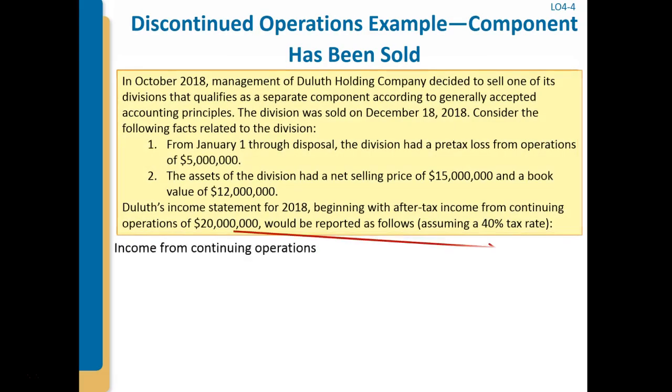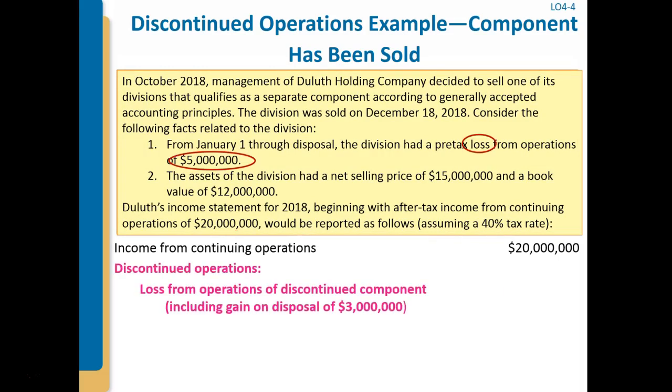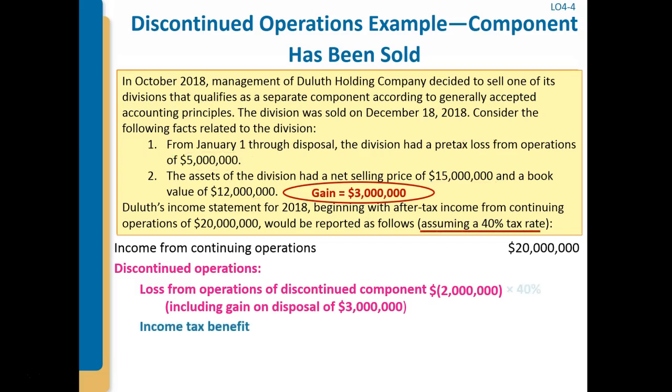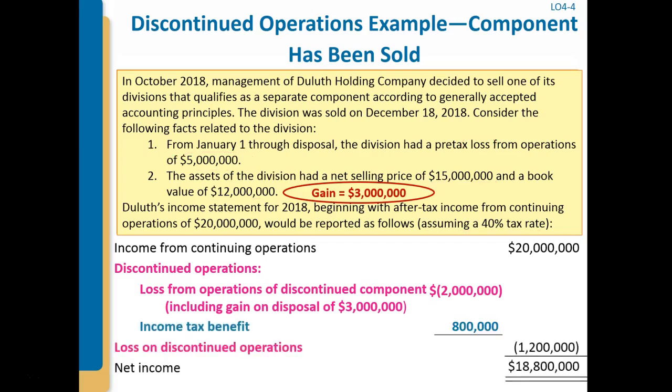So this slide describes a situation in which the discontinued component is sold before the end of the reporting period. Note that an income tax benefit occurs because a loss reduces taxable income, saving the company $800,000 in taxes.